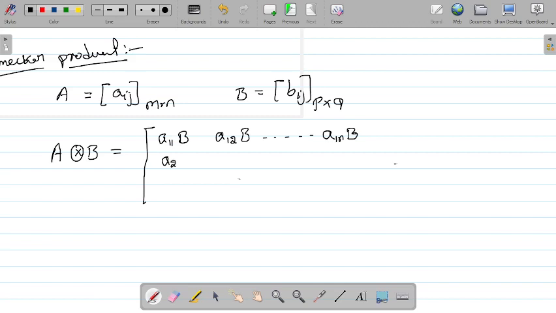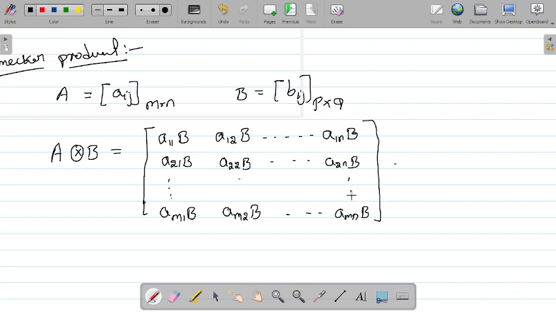The second row is A21 into B, A22 into B, and so on, A2n into B. When it comes to the last row, Am1 B, Am2 B, and so on, Amn B. Okay, so this is a matrix of size mp by nq.